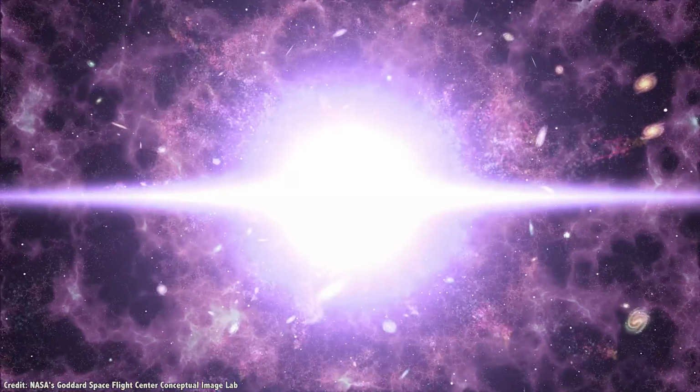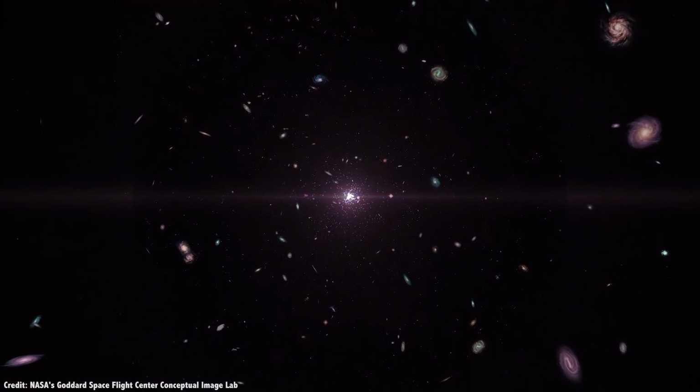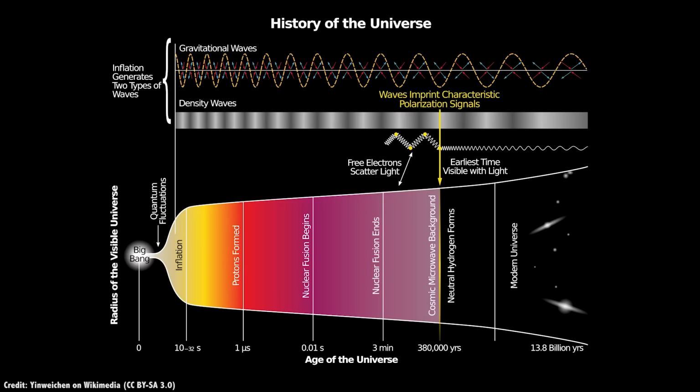And then the one that's really the most exciting is to be able to detect the primordial gravitational waves. If you could go right back to the beginning, before the cosmic microwave background, right back to the very Big Bang, when the universe was forming and you had various kinds of masses moving around at high velocities, you should expect some kind of gravitational waves being generated by all of this material as it's moving around.